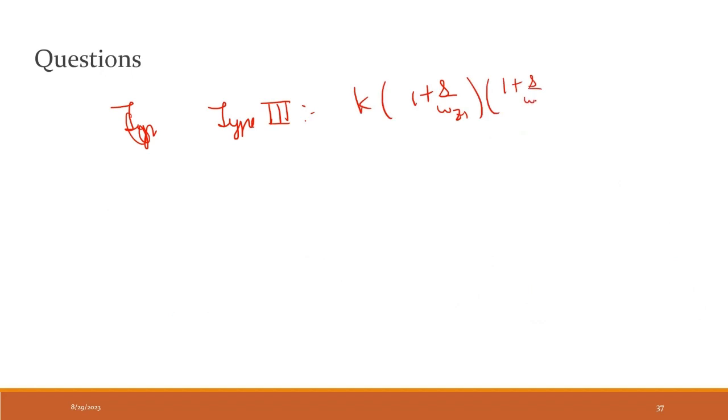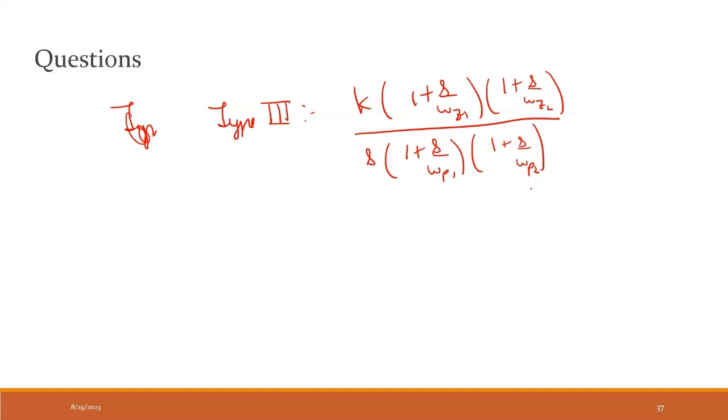A type 3 compensator is given by K into 1 plus S upon omega Z1 into 1 plus S upon omega Z2, divided by S into 1 plus S upon omega P1 into 1 plus S upon omega P2.